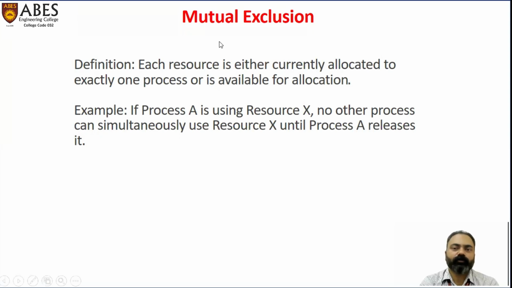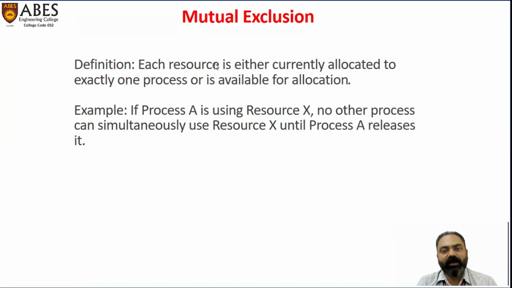Now, what is mutual exclusion? Each resource is either currently allocated to exactly one process or is available for allocation. Means either the resource is available for allocation or it is allotted to some process.